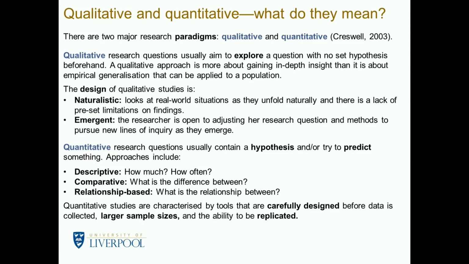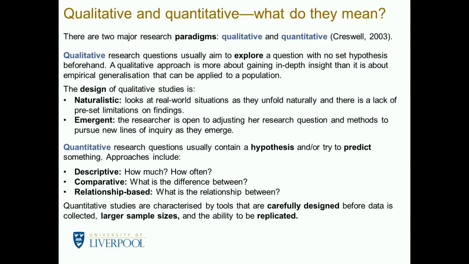Now, in contrast then, quantitative research questions usually contain a hypothesis and or try to predict something. And so the approaches include descriptive, how much, how often; comparative, what is the difference between; and relationship based, what is the relationship between X and Y. So quantitative studies are characterized by tools that are carefully designed before data is collated.